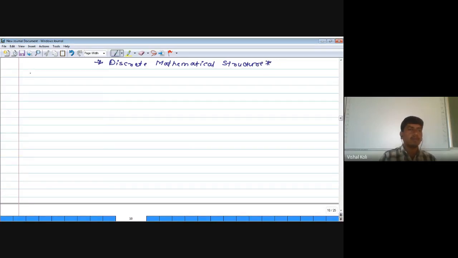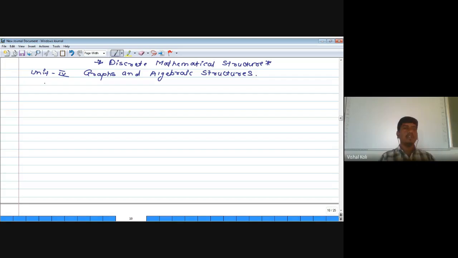So we will start from the fourth unit, which is unit 4, nothing but graphs and algebraic structures. Okay, so here first we will see what are graphs. In this chapter, we will see what is the use of graphs in our life. First, let us define graphs.